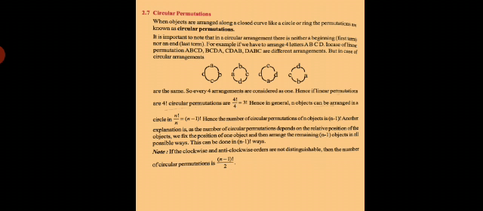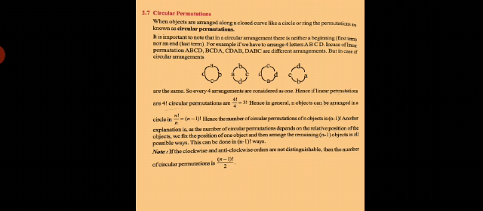For example, if we have to arrange 4 letters A, B, C and D, in case of a linear permutation, in the sense row wise or column wise, we can arrange the letters like A, B, C, D or B, C, D, A or C, D, A, B or D, A, B, C. These are different arrangements.